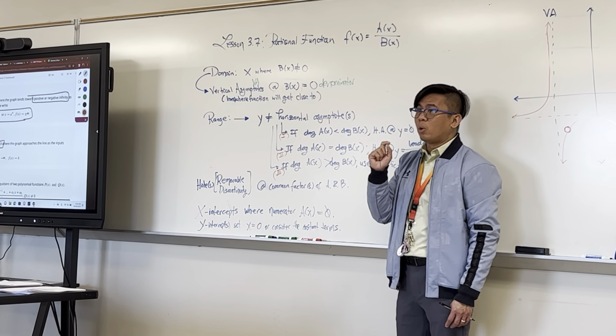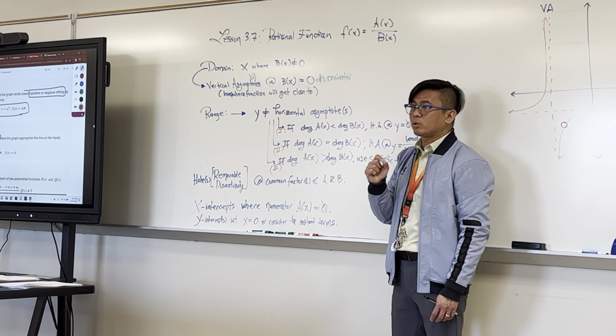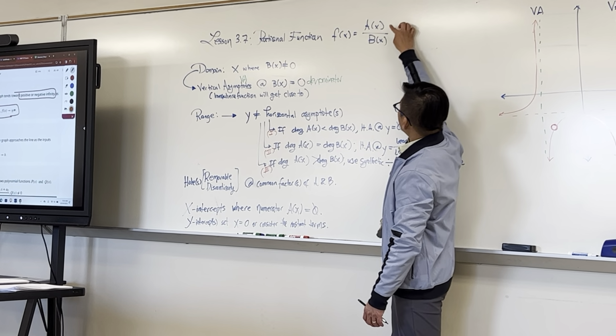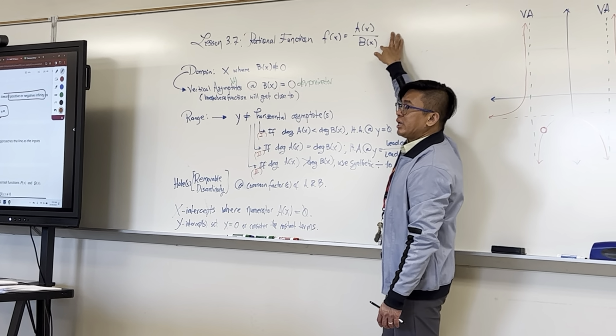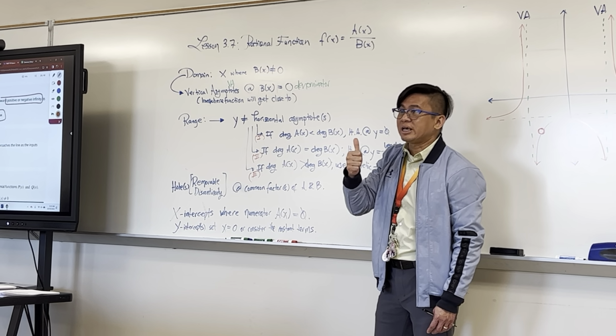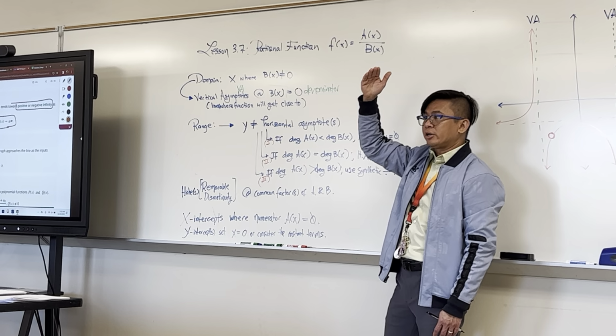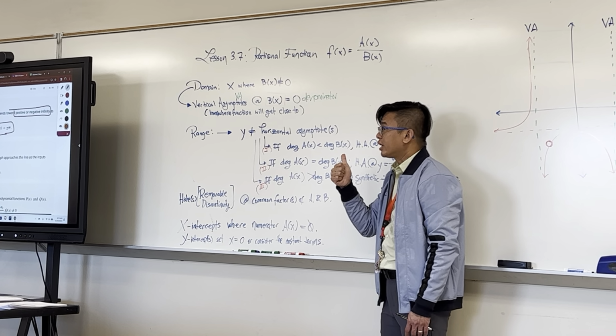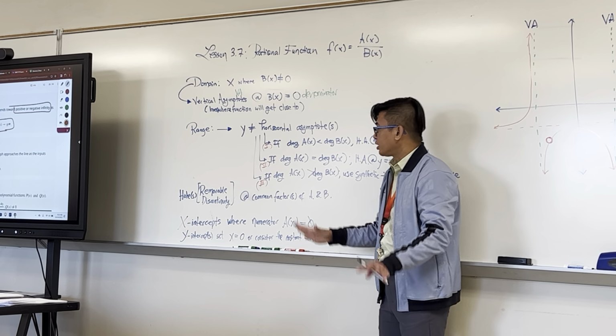Correct. Automatic. The line y equals 0 is the HA or horizontal asymptote. That's case number 1. If numerator degree is less than denominator degree, automatic y equals 0. No need to solve for anything.